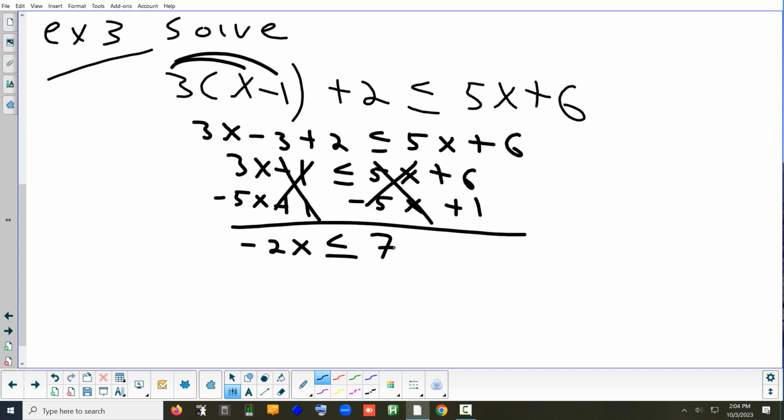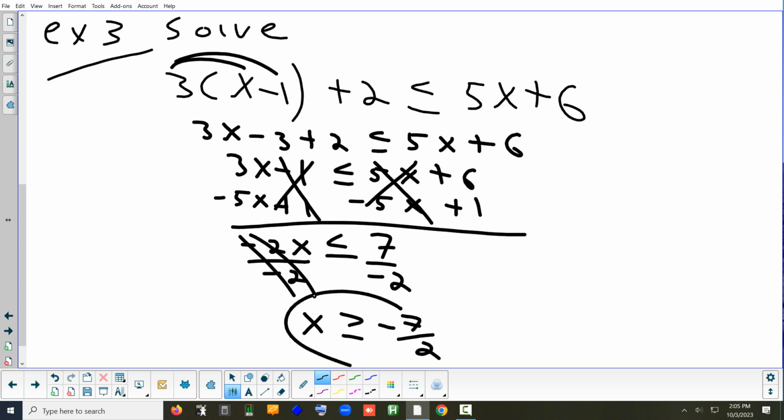What's my last step? I have to divide both sides by -2. So that's going to cancel. Since I'm dividing by a negative, what do I have to do? Flip the sign. So x is greater than or equal to. And whether you put the negative in the top or the bottom of the fraction, that would be marked the same.